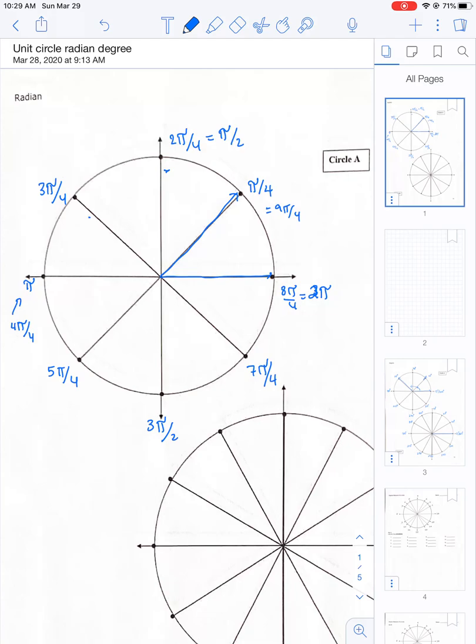And so the question is, how do I tell the reader of, say, a problem that this is 9 pi over 4 instead of pi over 4? If it's pi over 4, we draw an arrow indicating that we've only gone 45 degrees, or pi over 4. Now, if I wanted to indicate that it's 9 pi over 4, I would draw the initial side and the terminal side the same way.